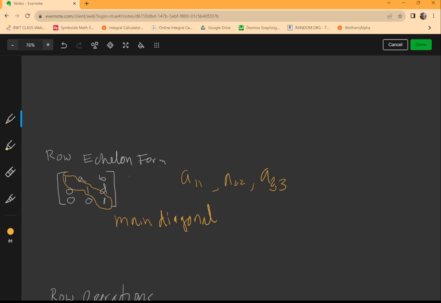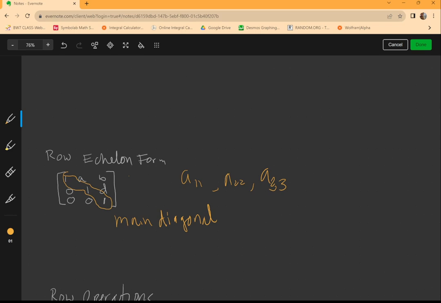So our goal is going to be, via row operations, which I'll define in a second, to change our augmented matrix into this row echelon form, where all along the main diagonal, I have a 1, right? And below that main diagonal, the values are going to be 0, right? And above the main diagonal, there'll be some other constants. Maybe some of them are 0, but we're not guaranteed. They're just going to be some other constants.